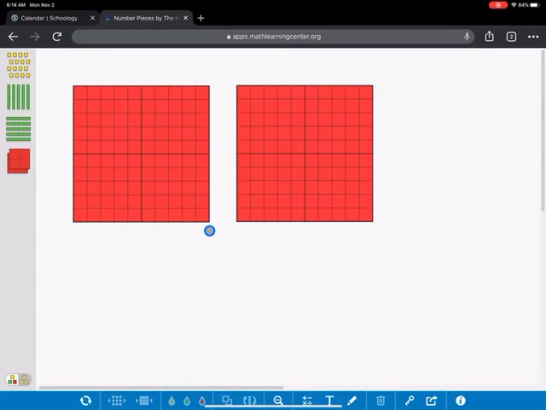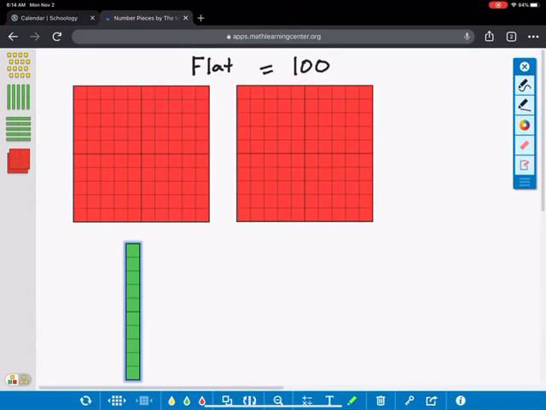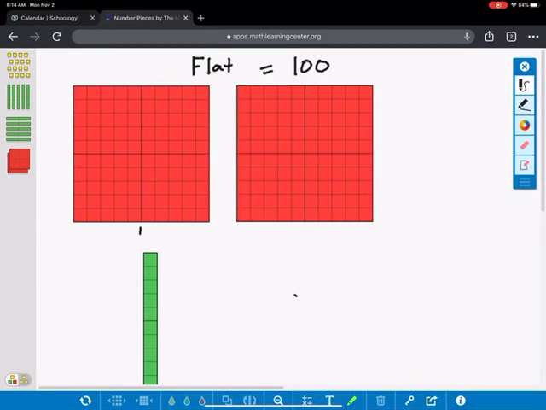I'm going to write that down. This is a flat. Each flat is 100. And then this is a long. A long. And each long is 10.